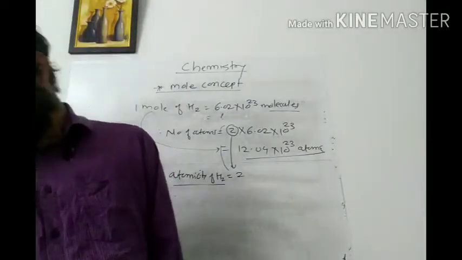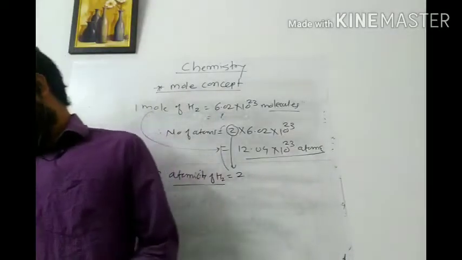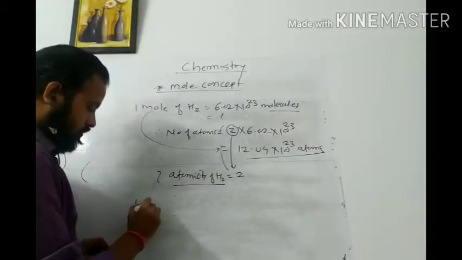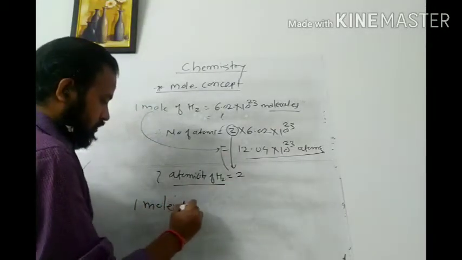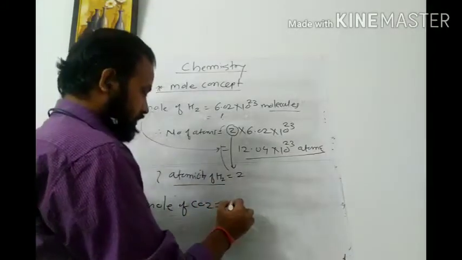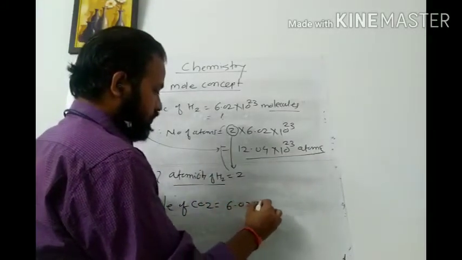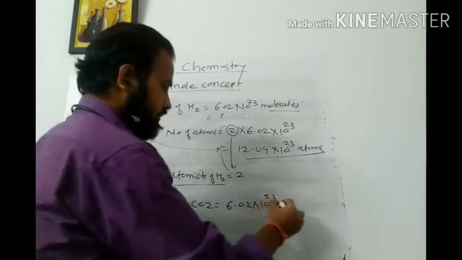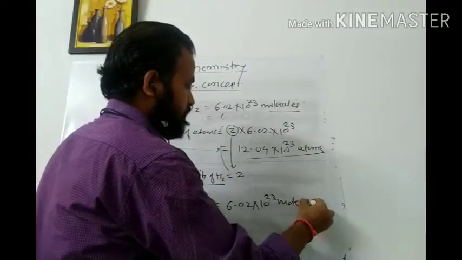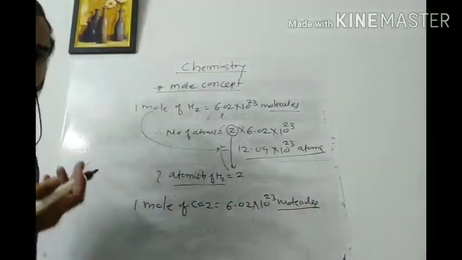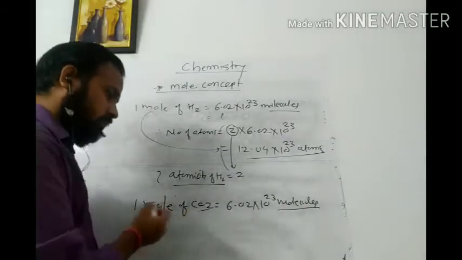For example, I will give you one more example. 1 mole of CO2, 1 mole of carbon dioxide. As we all know, 1 mole is nothing but 6.02 into 10 raised to 23, isn't it? So it is available in the form of molecules. If I want to calculate atoms, I have to multiply it by atomicity. So now the atomicity of CO2 is what?